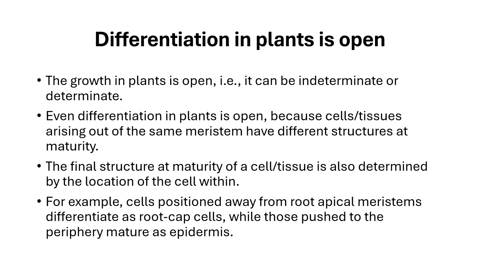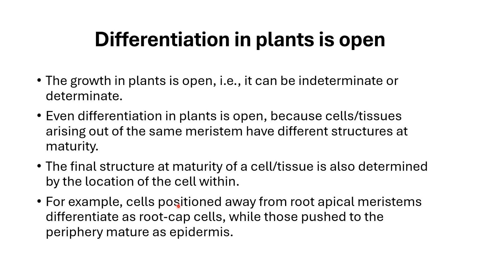So we already saw that growth in plants is open. It can be indeterminate or determinate. Now, differentiation in plants is also open, that means we have a lot of choices. How? Because the final structure that a meristematic cell is going to form depends upon the location of the meristematic cell.